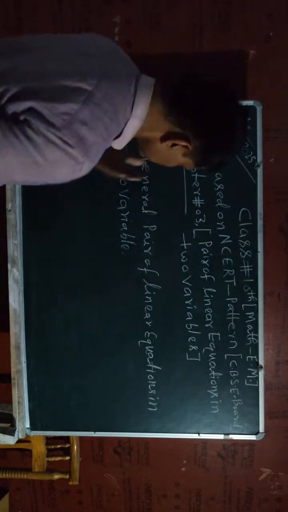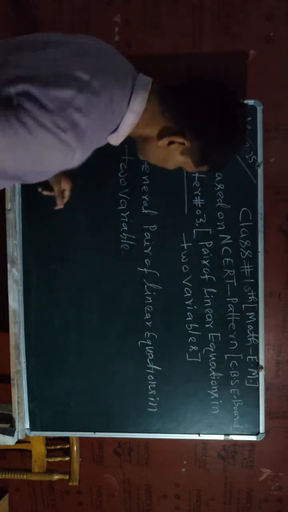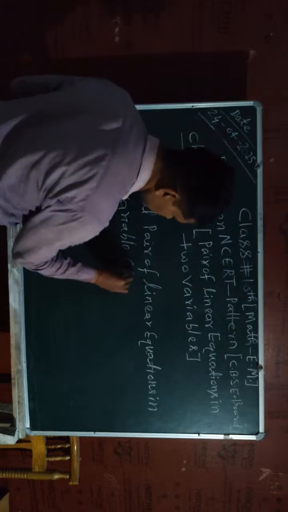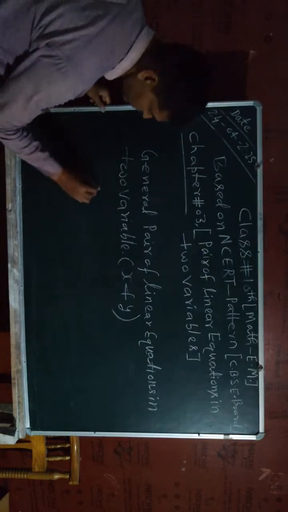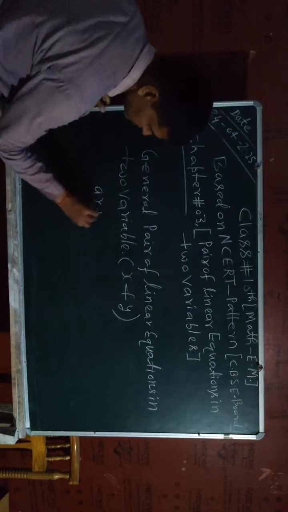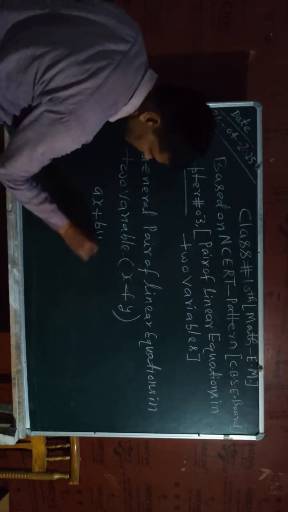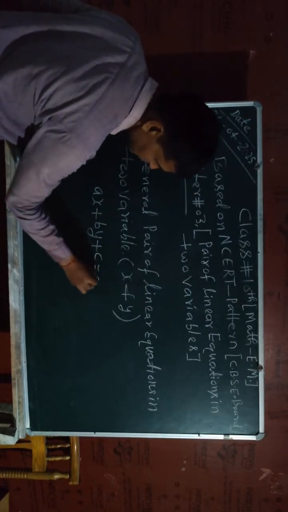Here I am considering two variables. One variable is x and the other I will consider y. So I am going to write its general equation: ax + by + c = 0.